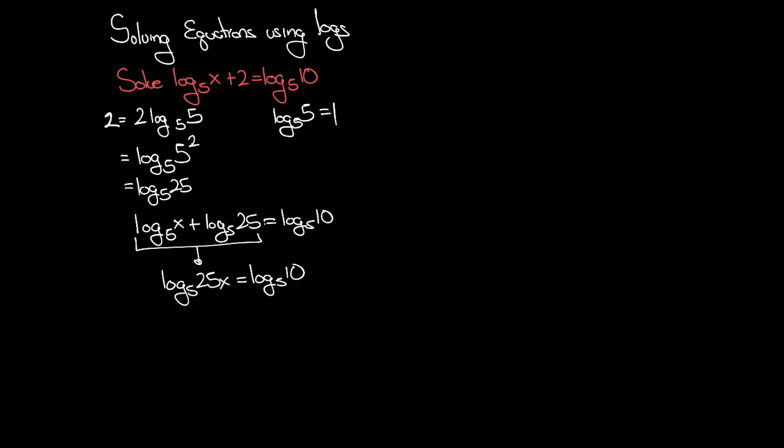They both have logs on both sides here, so this is the same thing as 25x is equal to 10, and then x gives us 0.4. Review this again, pause it and rewind if you need to, but really make sure that you understand this question all the way through.